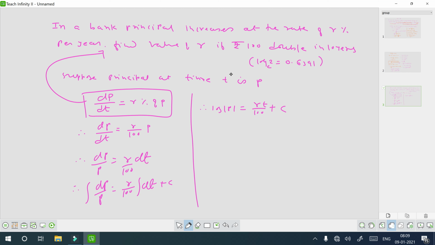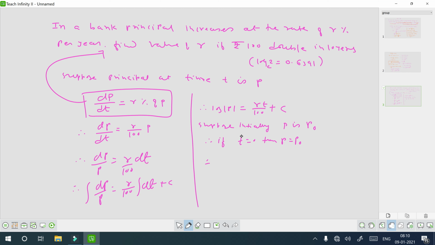Now it is given that initially, suppose initially P is P0, that means some principal amount we have to take initially. So if t is equal to 0, then P is equal to P0.